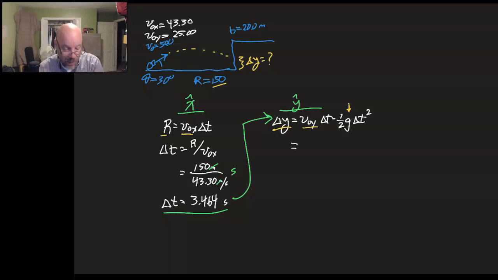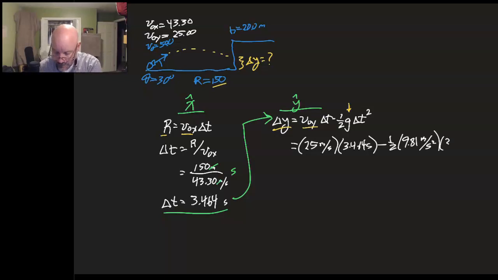So V naught y is 25 meters per second, and my time is 3.464 seconds, minus a half, 9.81 meters per second squared, times my time, 3.464 seconds squared. See what's happening with our units. Losing those two leaves me with meters. And then I'm going to have seconds squared leaves me with meters. Okay, so cool.